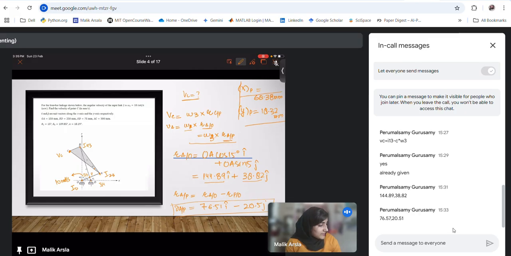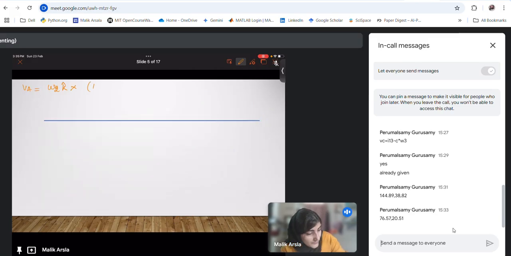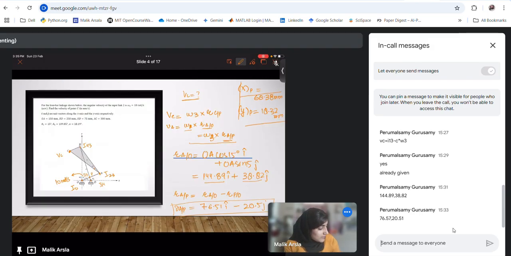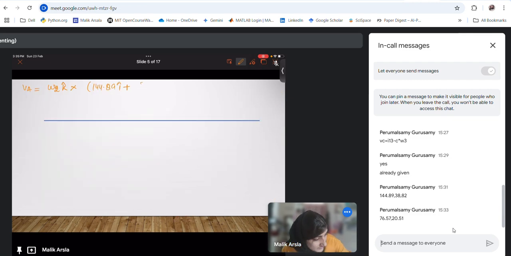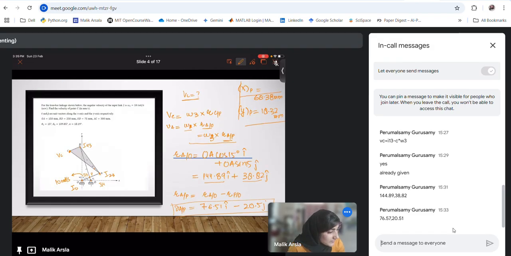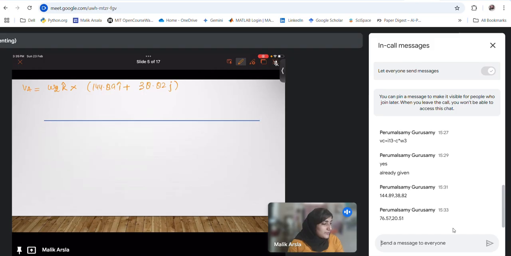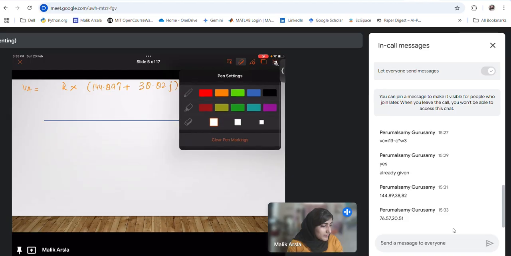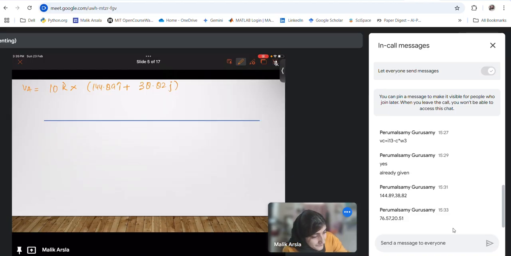RAO is basically 144.89 I cap plus 38.82 J cap. And omega 2 is also given. Omega 2 is, I think, 10. So we can substitute the value of omega 2 here as 10.